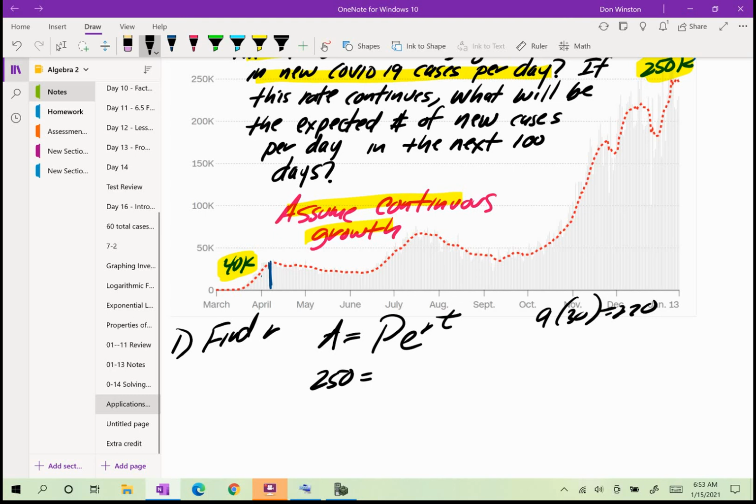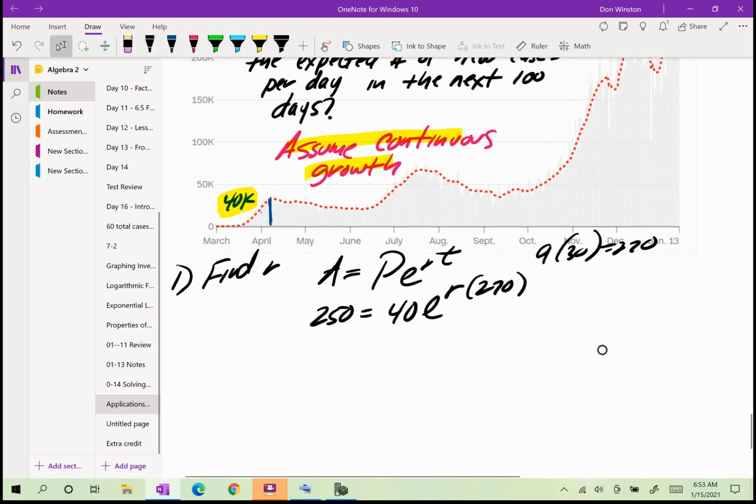We started at 40,000, approximately April 13th, so that was 40 times e raised to the r, which is what we're looking for. And T, we're talking about days, and that was a span of 9 months from April 13th to January 13th. Let's say there's 30 days in a month, so that would be 270 days. Okay, we can find R.